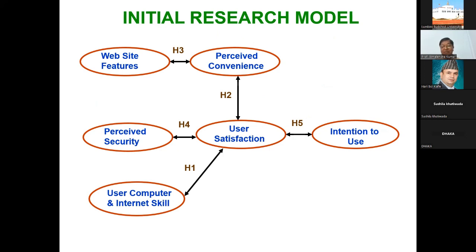If you see how e-services are being undertaken by research scholars, in H1 there is user computer and internet skill. Then H2 is related with user satisfaction. Then there are perceived conveniences through website features. Then again, there is perceived security and intentions to use it. Through this table, we can see how initial research is being built up.